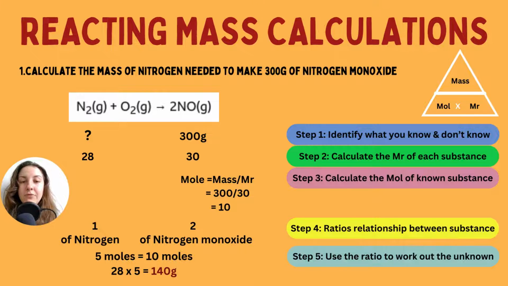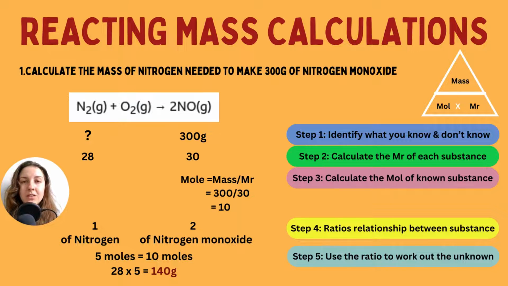Now what we do in step 4 is we want to look at the ratio, the relationship between the product that we have and the information that we have there versus what we're trying to actually work out. So the ratio between nitrogen and nitrogen monoxide in this equation is a 1-to-2 relationship. Now, how did I find that out? Well, nitrogen on the left-hand side has no big number in front of it, no coefficient.